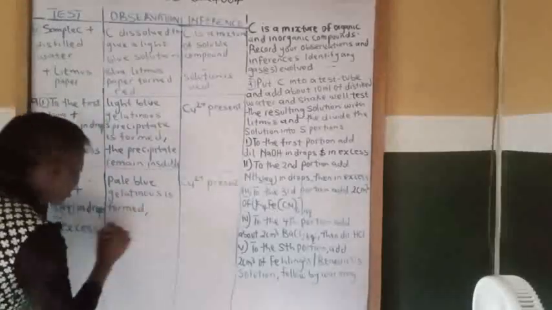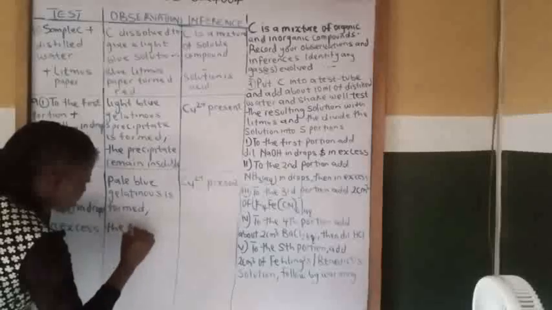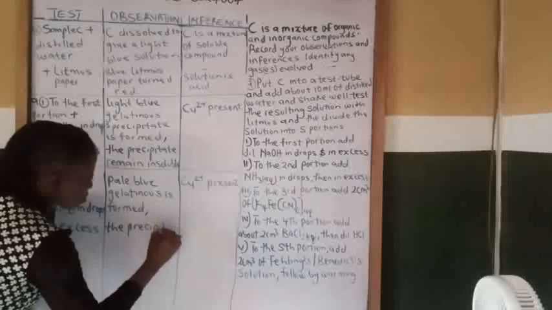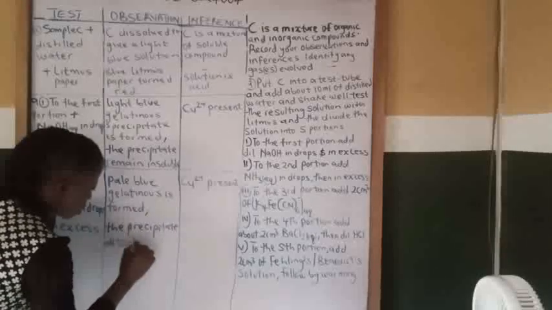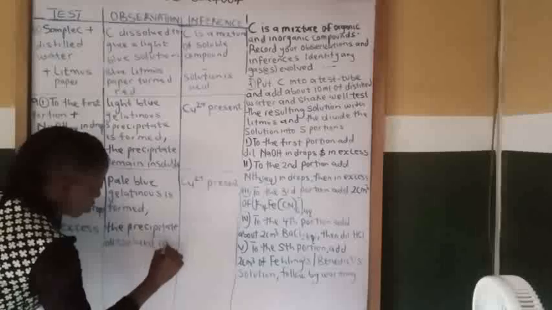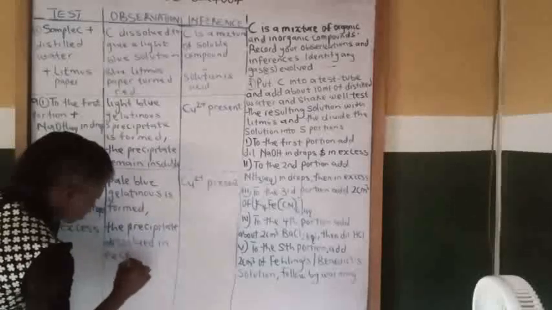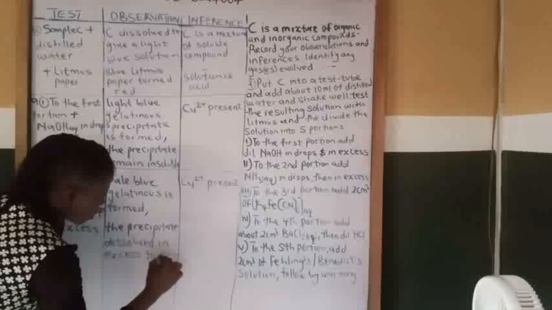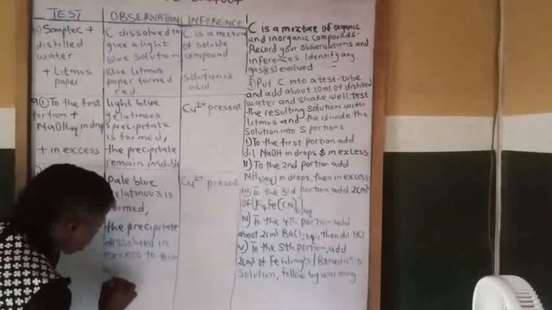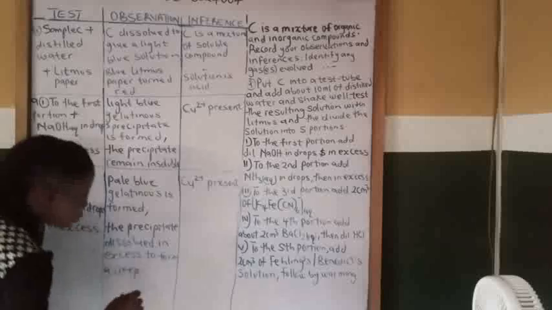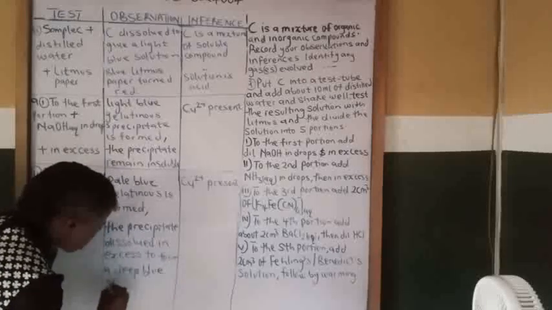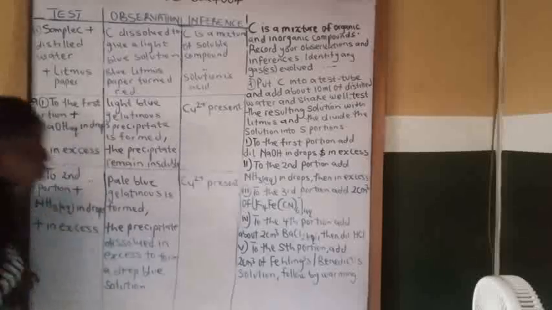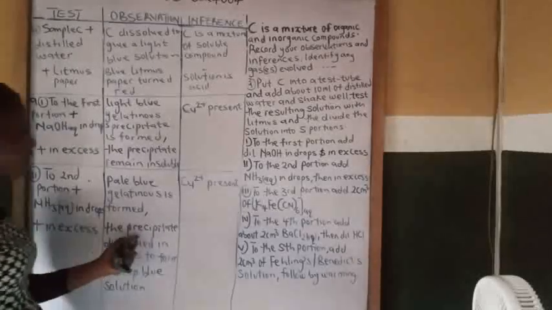So the precipitate dissolved in excess to form a deep blue solution. So here now, we can say that copper ion is confirmed.